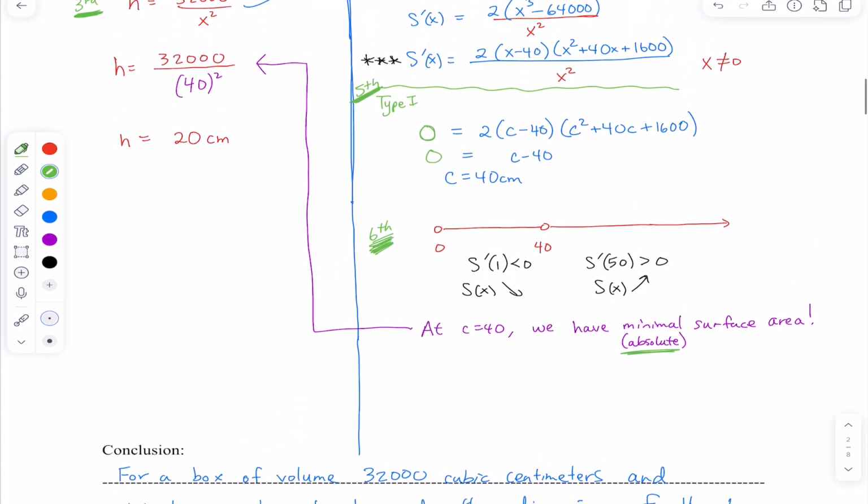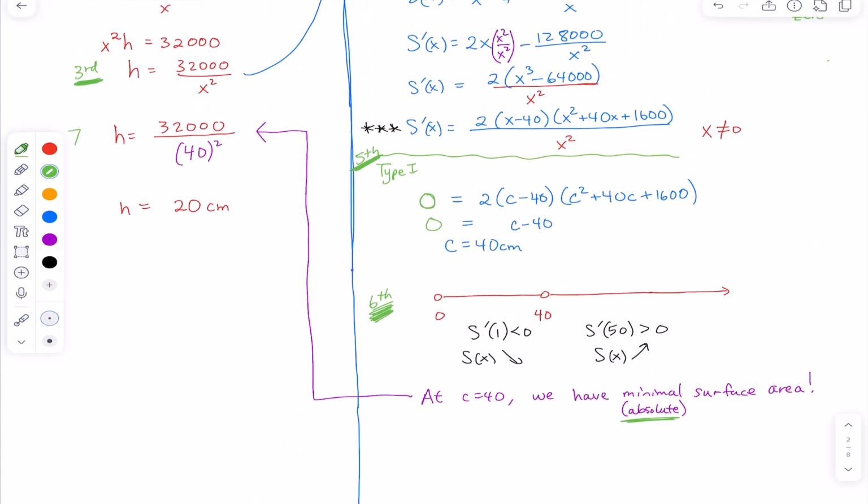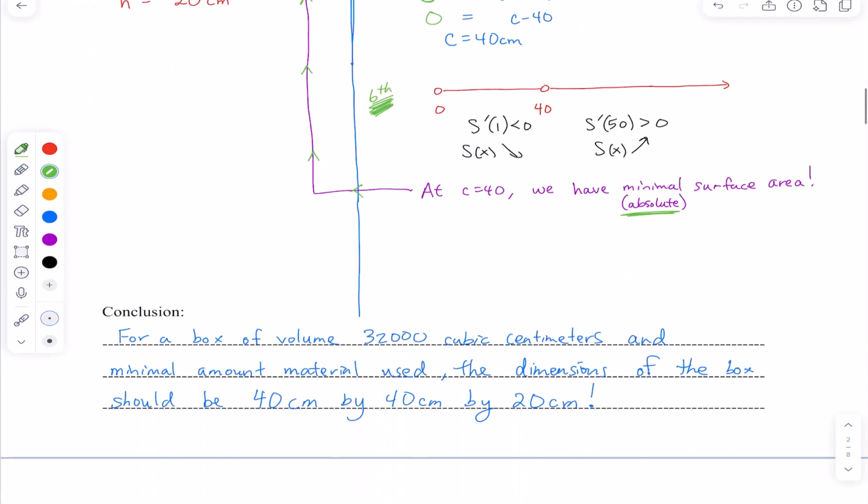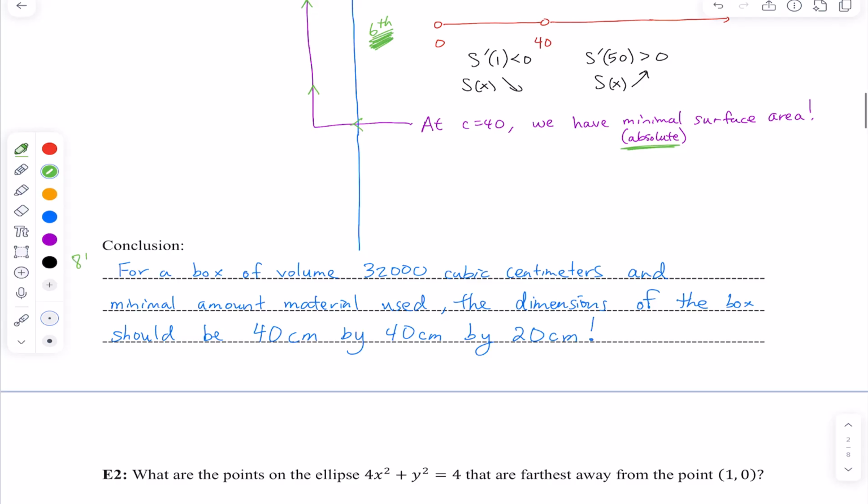And then our seventh procedure is over here. And our eighth procedure is actually writing that conclusion and asking yourself, does this make sense? Were we able to optimize in this particular scenario?